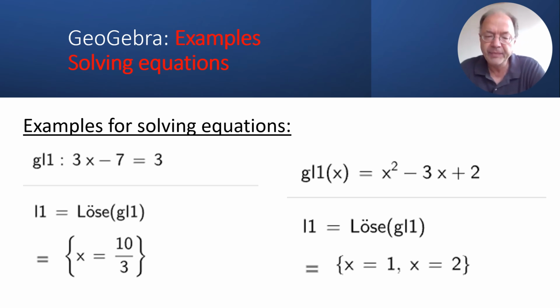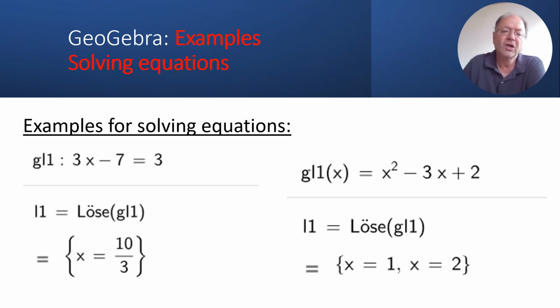Another example now about solving equations. I define the equation in that I just type it in and I give it a name, like GL1 colon and then 3x minus 7 equals 0. I defined it as an equation.